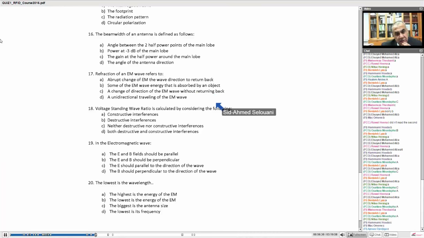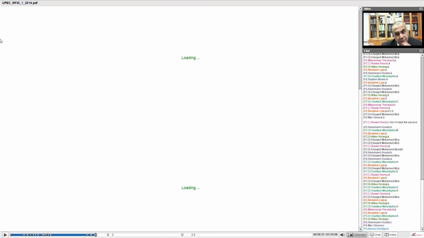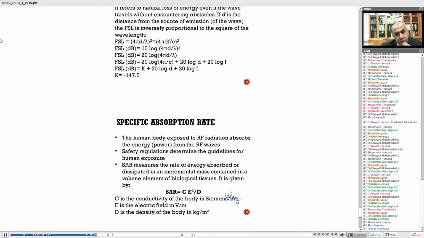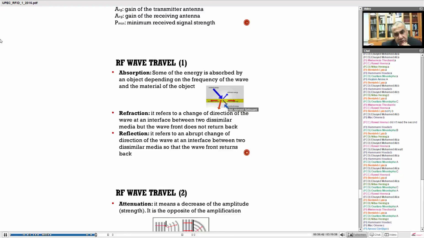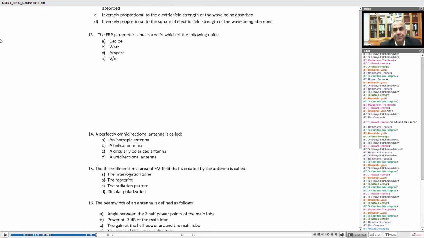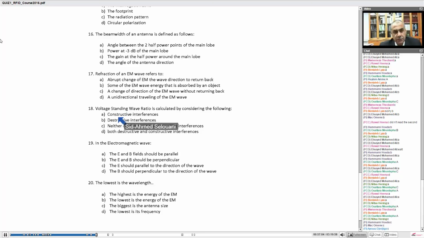So in refraction the wave does not return back. Okay, so remember: this is reflection, and this is refraction. Absorption is in red. Brown and gray are refraction. So the wave does not return back.